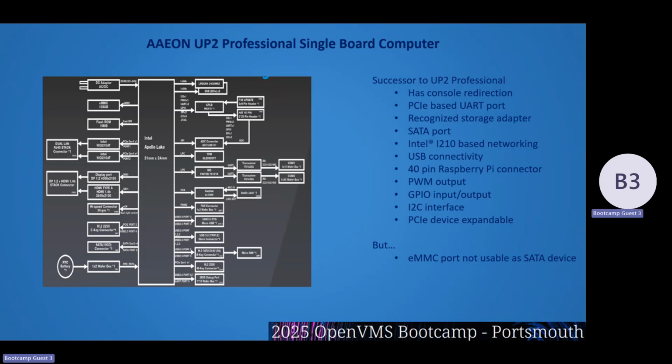They reused a lot of the stuff that came from the UP2, so it's the same SATA controller. With the PCI expansion ports, it gives you the options of putting in things like this, which is a 4-port UART. So what I'm holding in my hand replaces half of a DZ11.